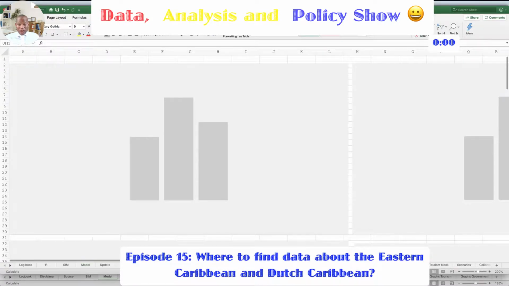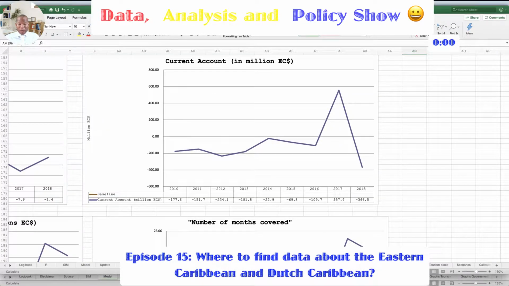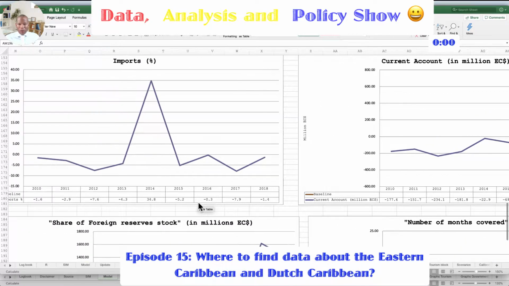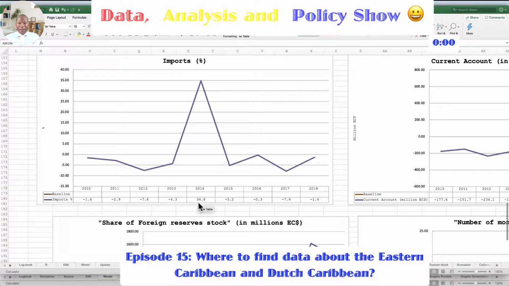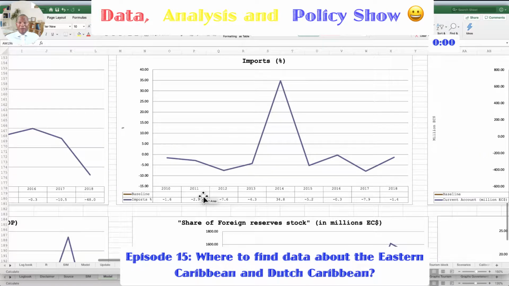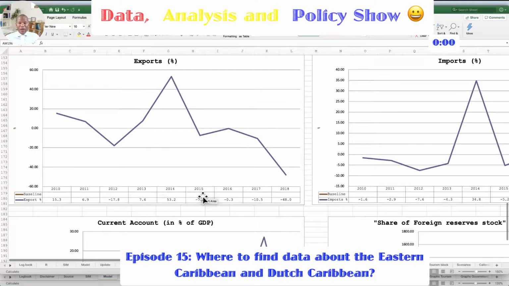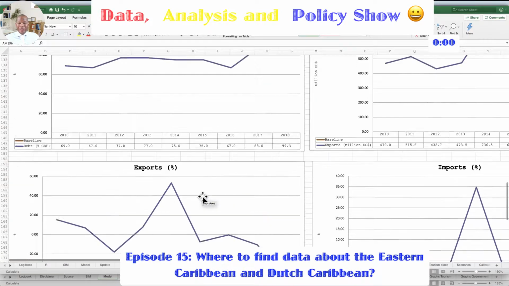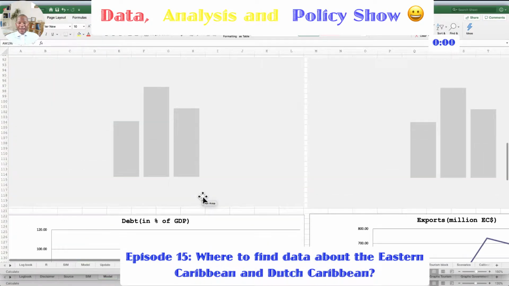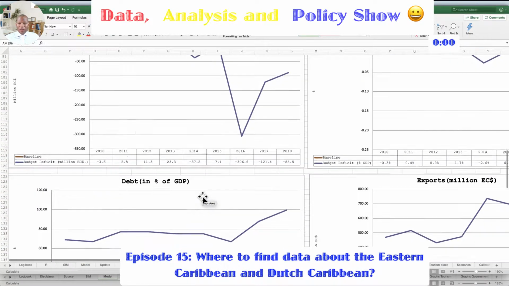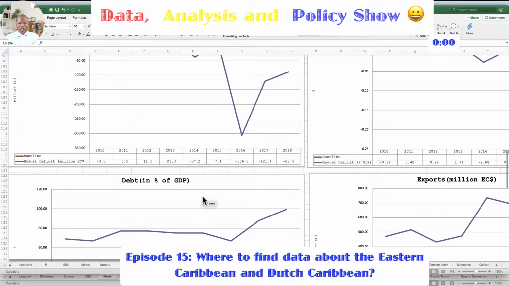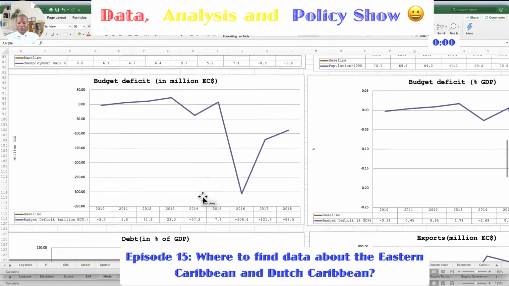As we are in the boardroom, I can show you the graphs of Dominica, because as a board member, you really want to look at the graphs. I have created here some graphs from 2010 to 2018 for you.